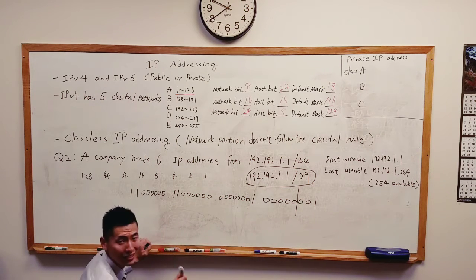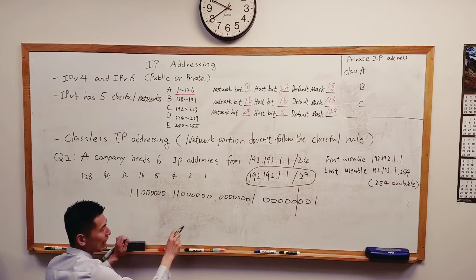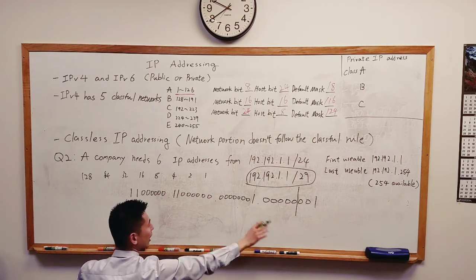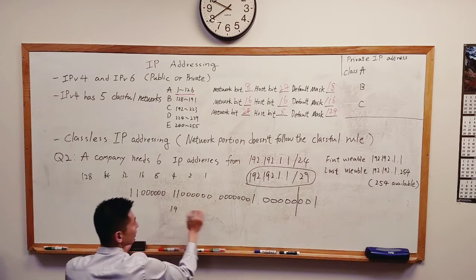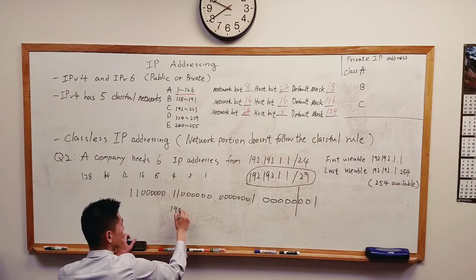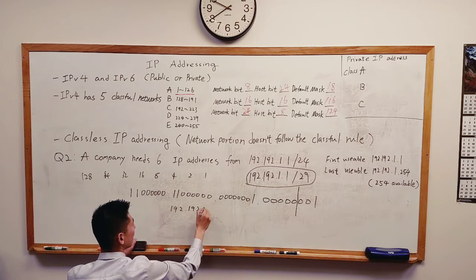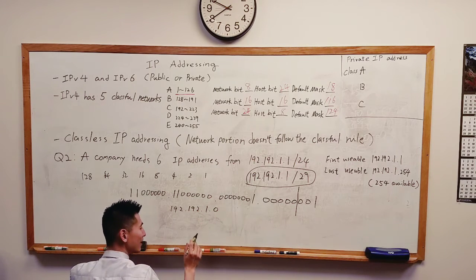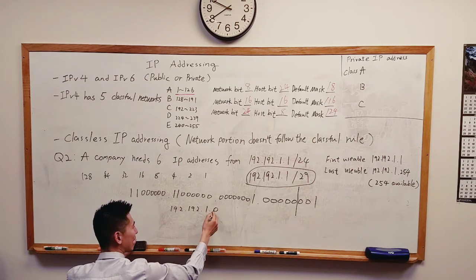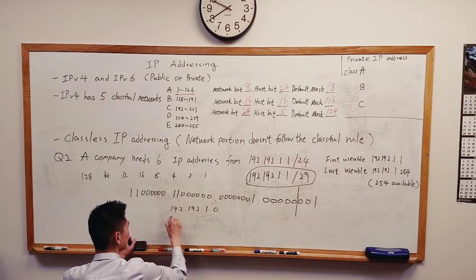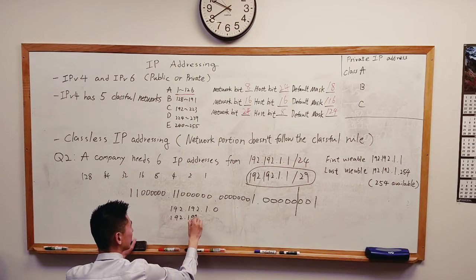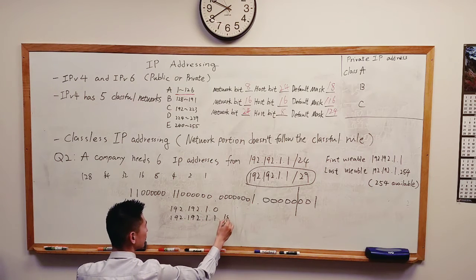Now, to find the subnet ID, I will make everything to the right of this line 0. So 192.192.1.0 is the subnet ID. The first usable address is going to be adding a 1 here. So 192.192.1.1 is the first usable.